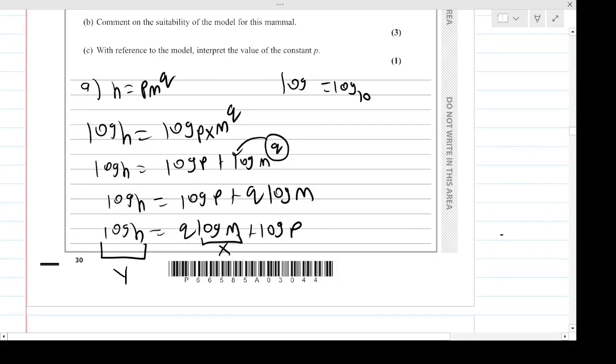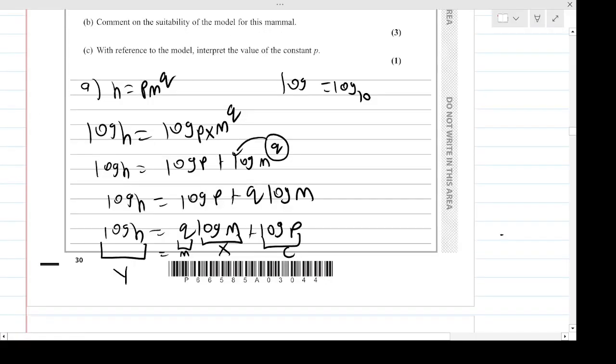Then if I call q m and this log p this number c, this is in the form y equals mx plus c. And hopefully you can then see that my gradient would have to equal q, and also the intercept would have to equal this log p at the end.